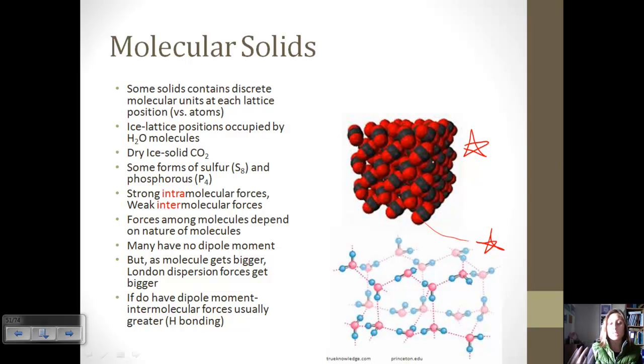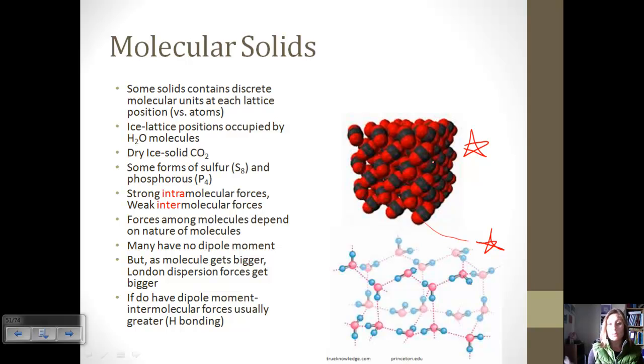If we think about CO2, it is a nonpolar molecule, so no dipole moment, so those intermolecular forces are going to be relatively weak. But because this is a molecular solid and we have a ton of CO2 molecules forming this solid, as the molecule gets bigger, London dispersion forces will get more prevalent because London dispersion increases as the size of the molecule increases.